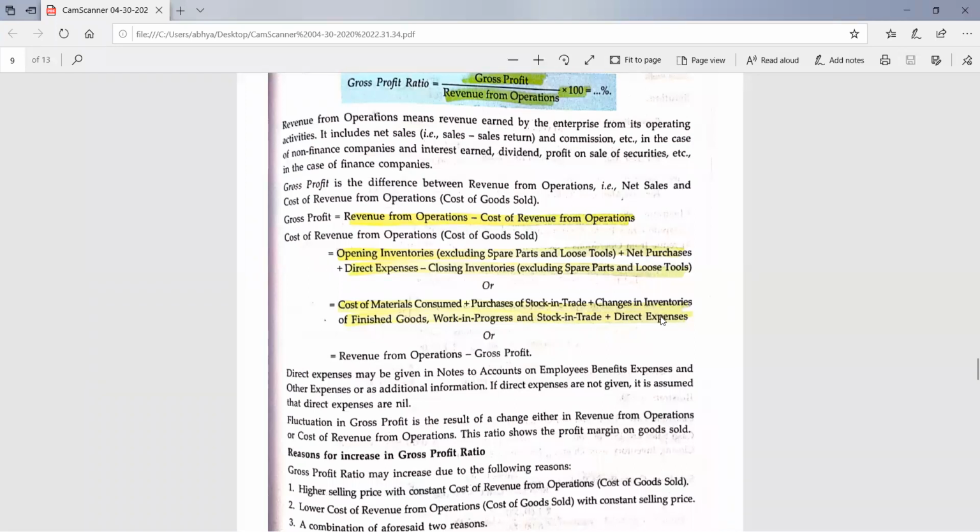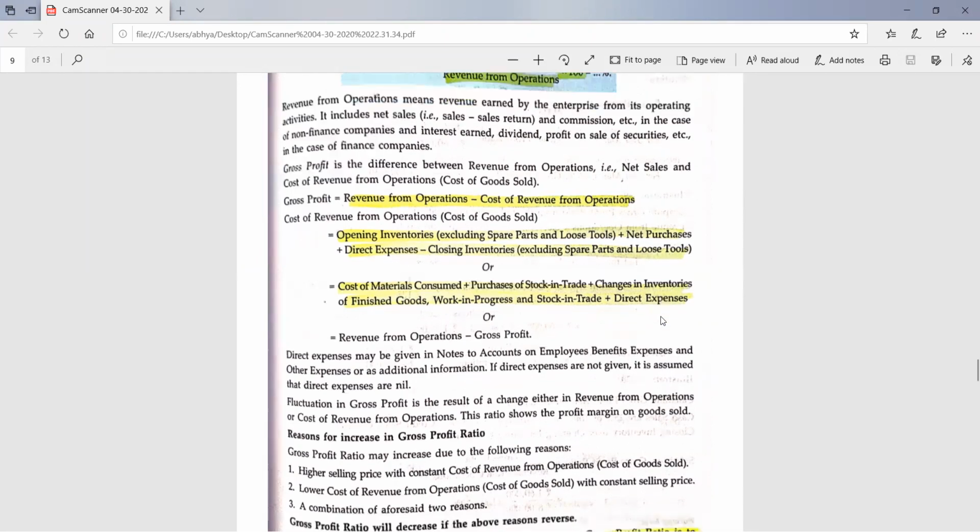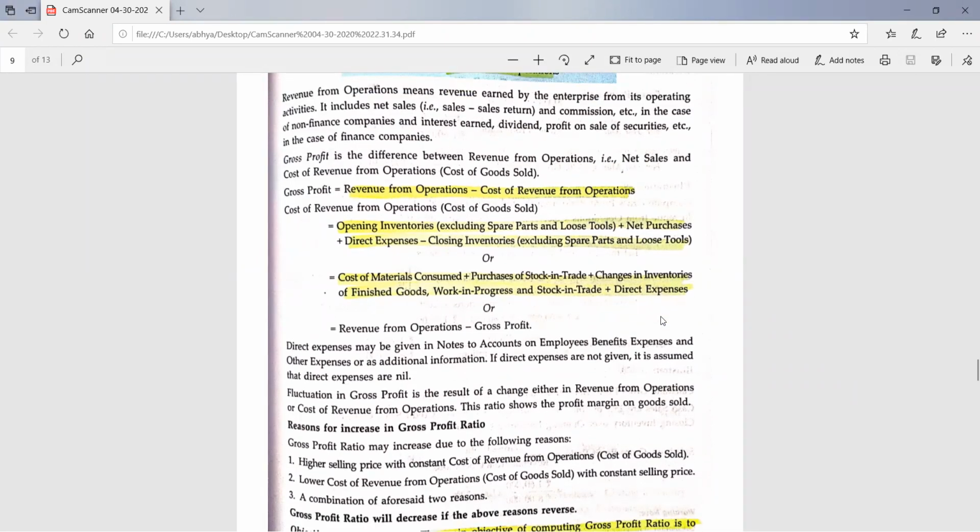Or the new formula: cost of material consumed plus purchase of stock in trade plus change in inventories of finished goods, work in progress and stock in trade plus direct expenses. Make sure the direct expenses are given in the question. If not, then definitely you have to assume it 0. Third formula is RFO minus gross profit to know the COGS.